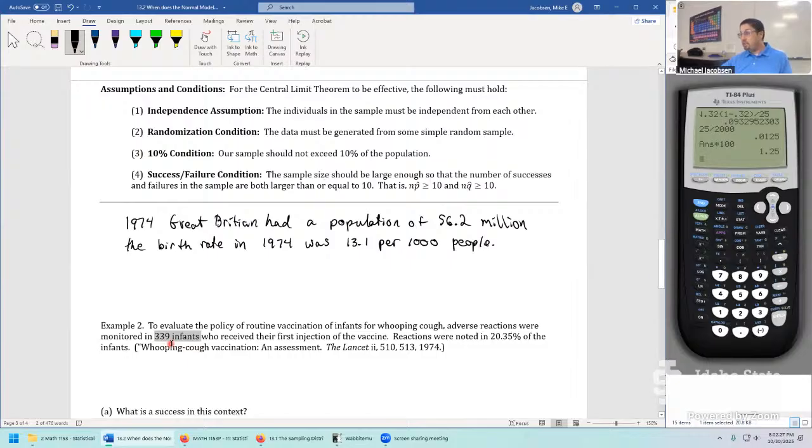I'm going to look into the population of all infants less than 1 year old in 1974 by combining those two pieces of data, the birth rate and the population size.